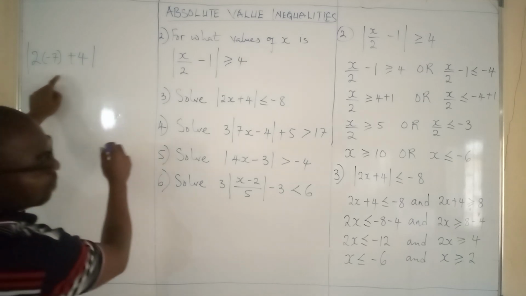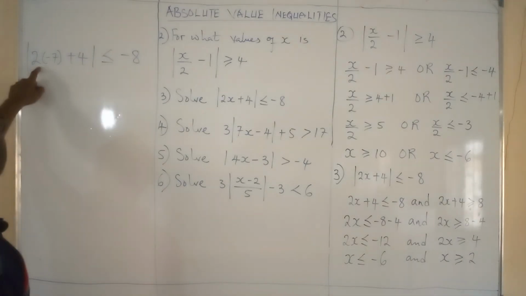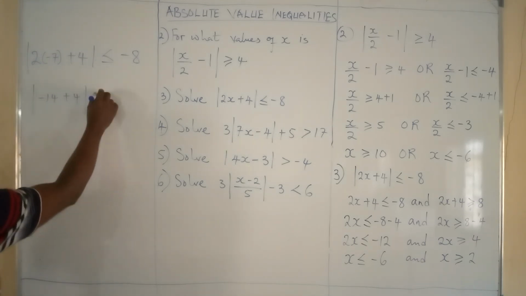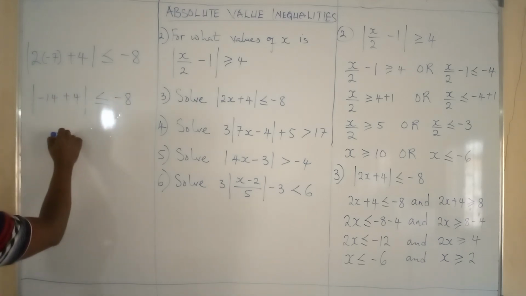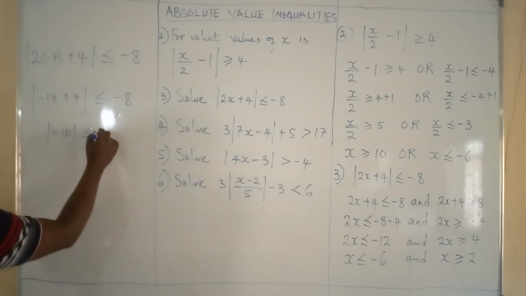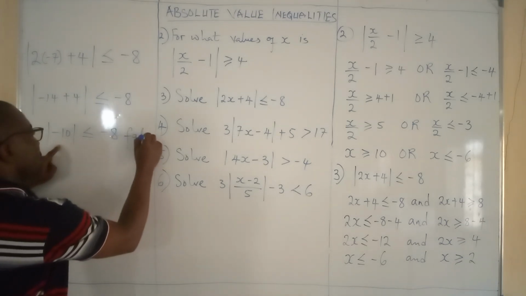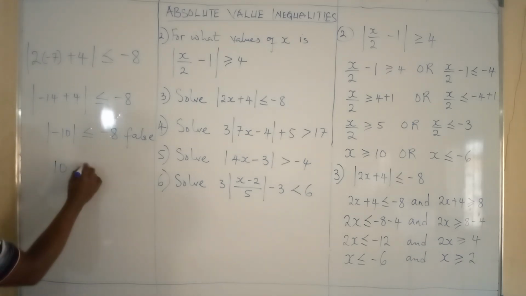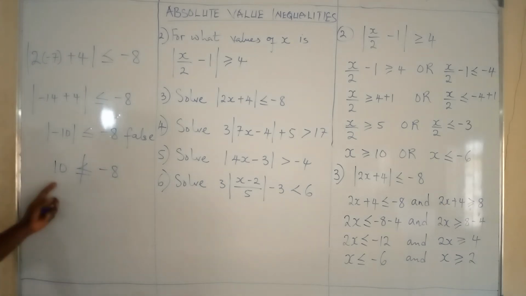Let's see if the statement will be true. This times this will give us negative 14 plus 4, which gives us negative 10. This is false because the absolute value of negative 10 is 10, and 10 is not less than negative 8. So it is false.